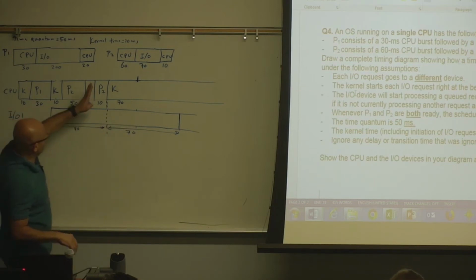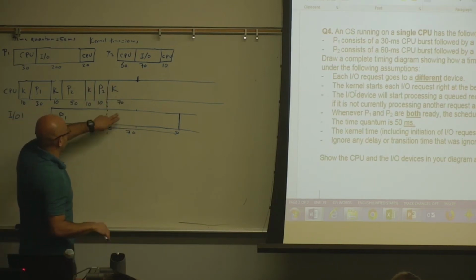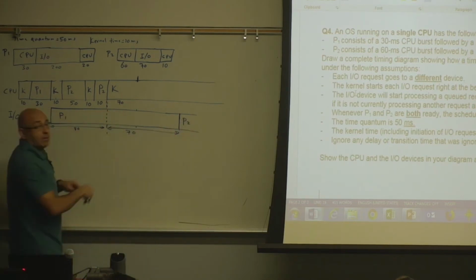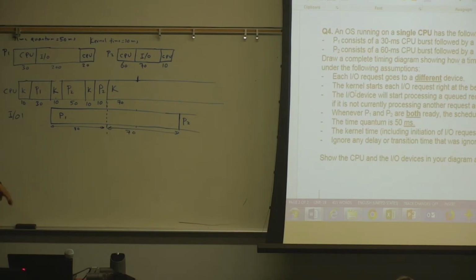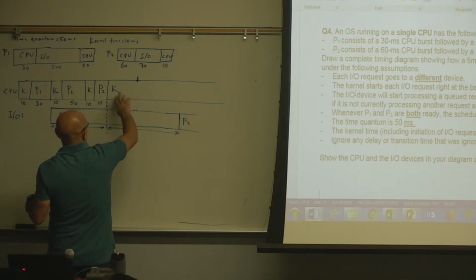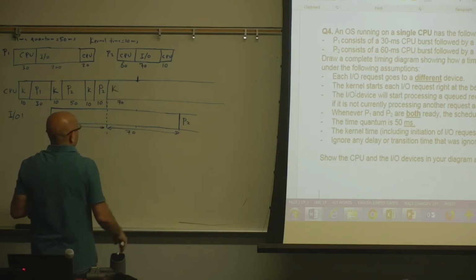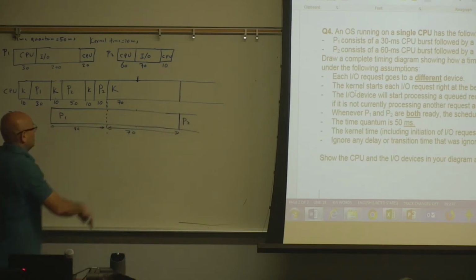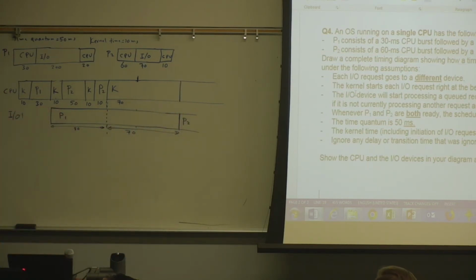Here the kernel is going to send it to the device, but the device will not start working on it until it's done with the current request. So the device does one request at a time. During this time the kernel is idle. So all of this is going to be idle kernel time.